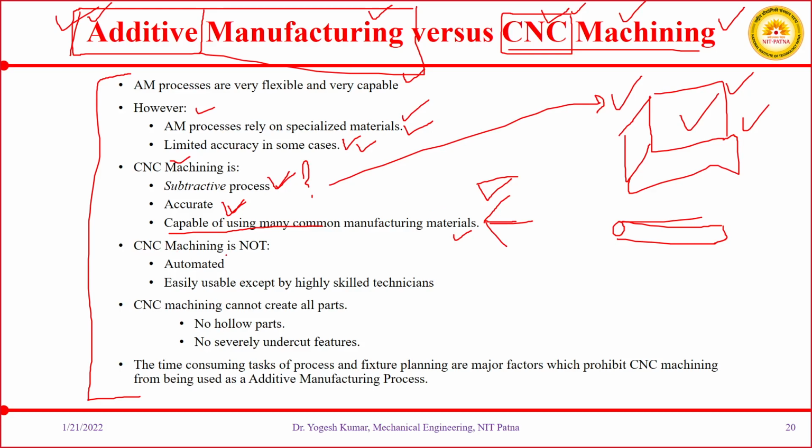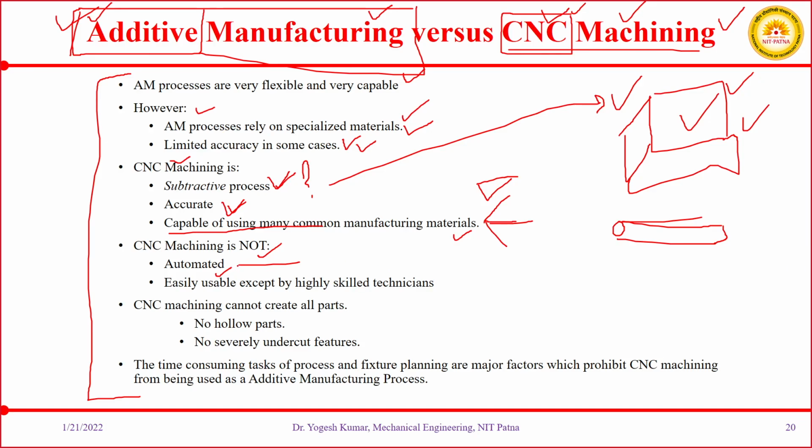Moreover, there are some more limitations related to CNC machining: it is not automated. You have to write a program. Those who are aware of NC programming, like final year mechanical engineering students, I expect that at least they must be aware of what kind of programming is needed to operate a CNC machine, or to process a part on a CNC machine.